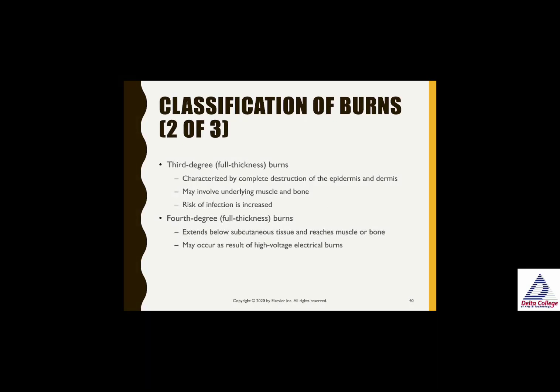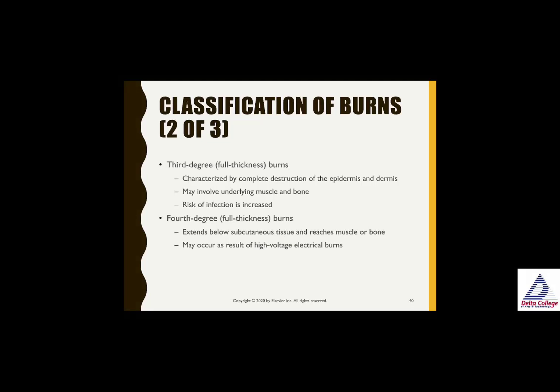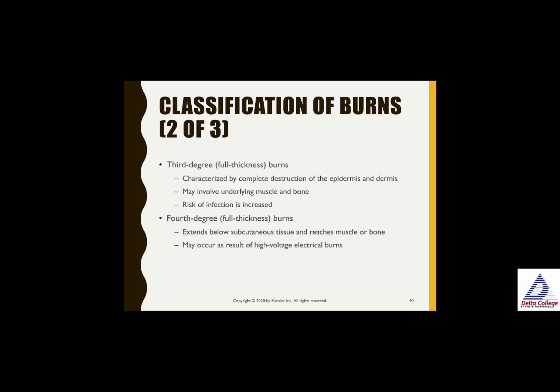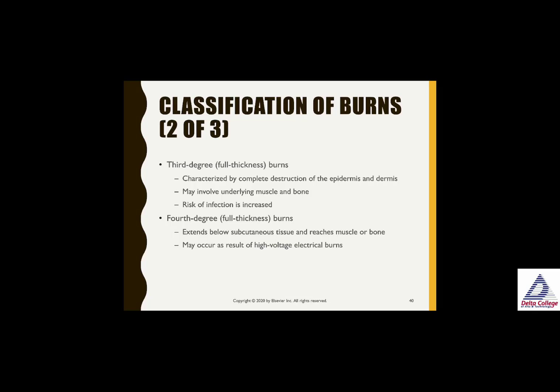Then we have third degree or full thickness burns. These are characterized by complete destruction of the epidermis and dermis, may involve underlying muscle and bone, and the risk of infection is increased. So the third degree is full thickness. It involves muscle and bone.